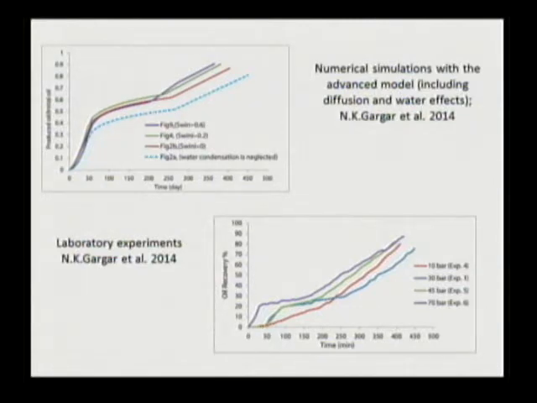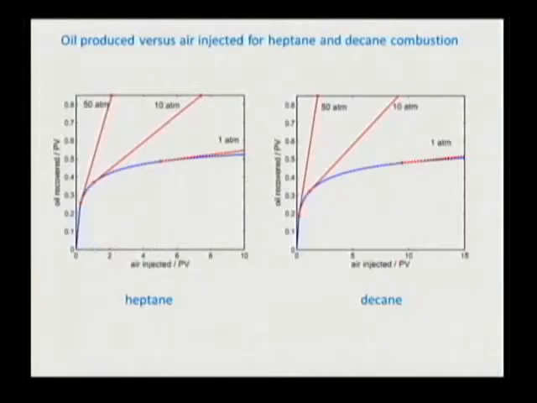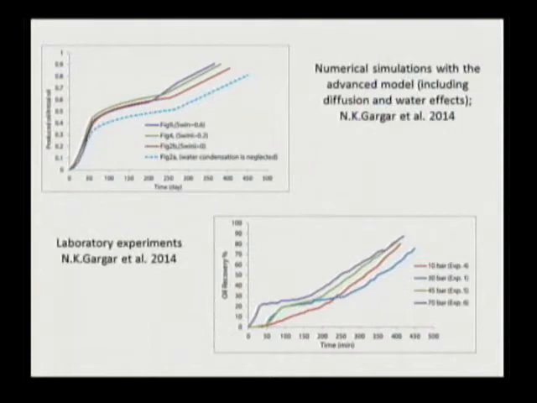Actually, it was mainly the PhD work of Neger, who did both numerical simulations for the recovery, in a much more advanced model, including all the diffusion effects, water phase, and so on, and also laboratory experiments. And what was found is that the theory agrees very well with both numerics and experiment.